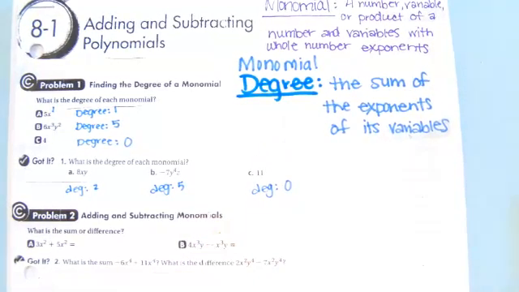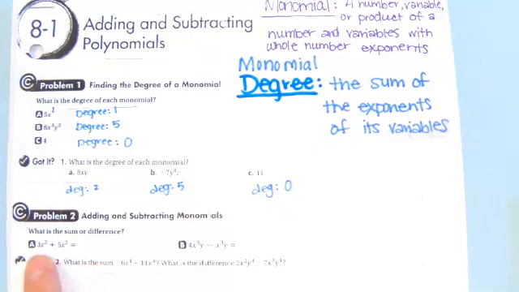All right. Now the next thing is finding the sum or difference, adding or subtracting monomials only. If they have the same exact variables and exponents, you can add or subtract them. So this is 3x squared plus 5x squared.